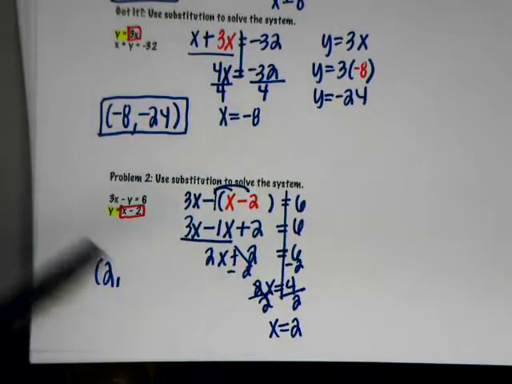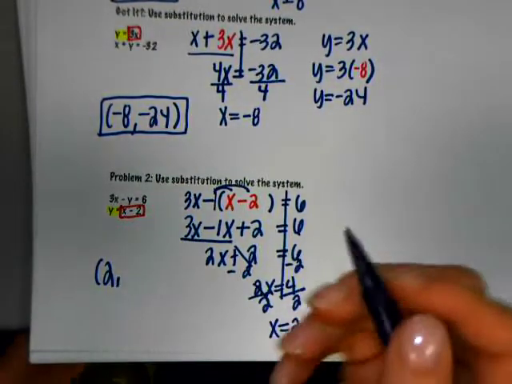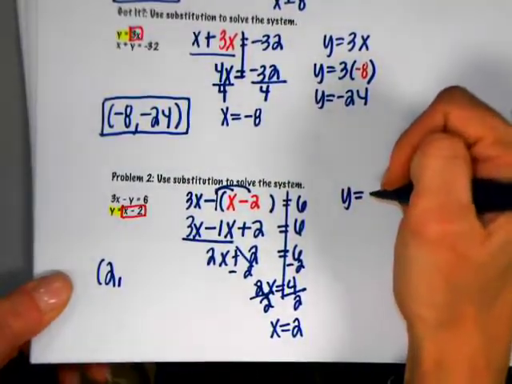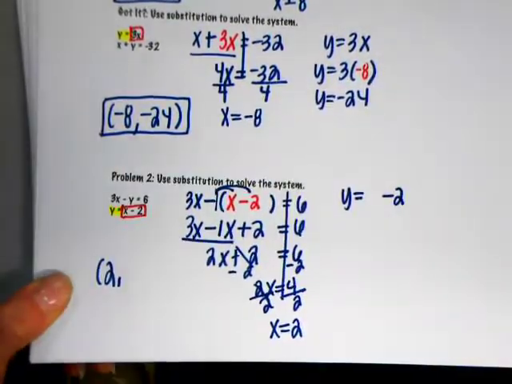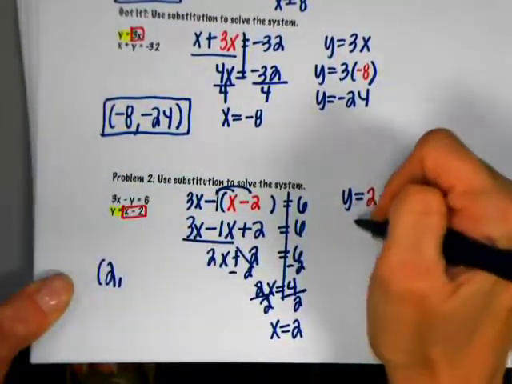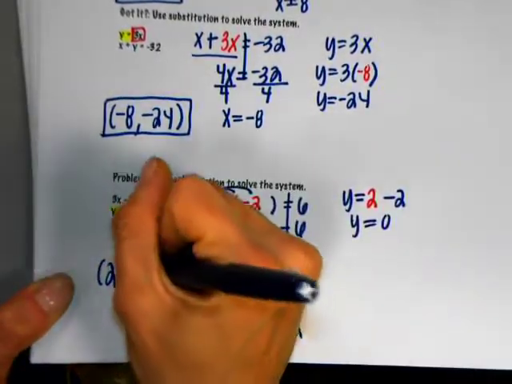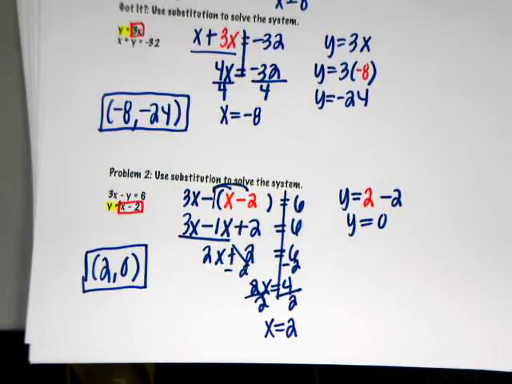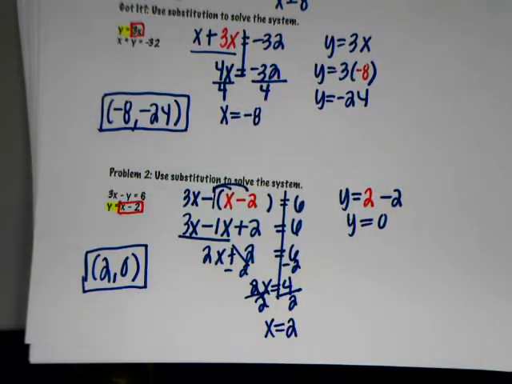And then pick one to plug it back into. Either one works. I'm going to use the bottom one. y equals x minus 2. And my x is 2. So y equals 0. So your solution is 2, 0 for that one. So you won't always get x first. Sometimes you'll get y first. And you'll just make sure you put it like x, y in the point. Okay?